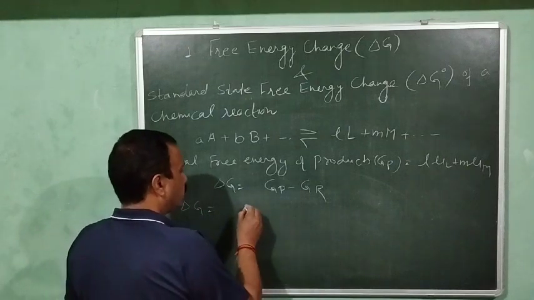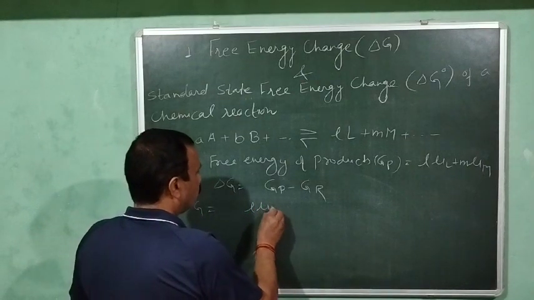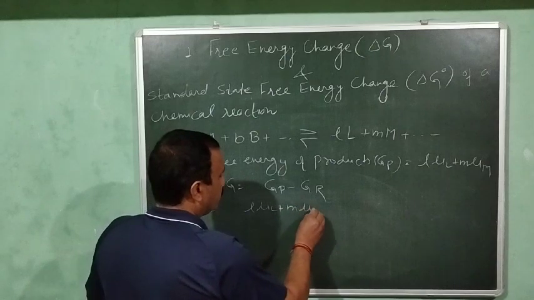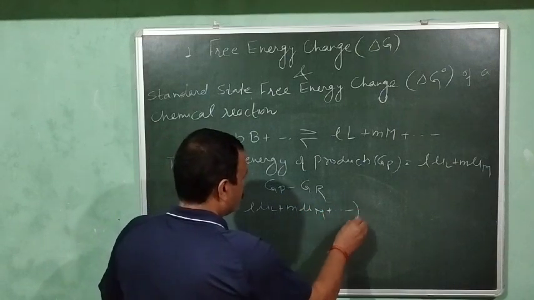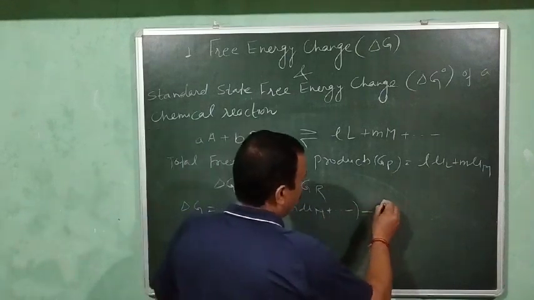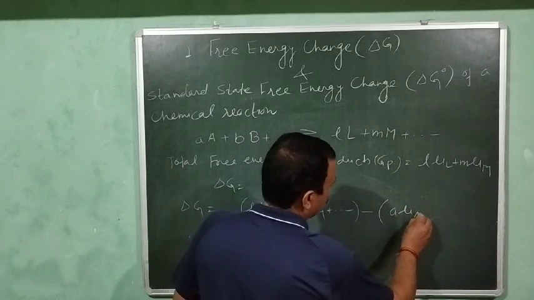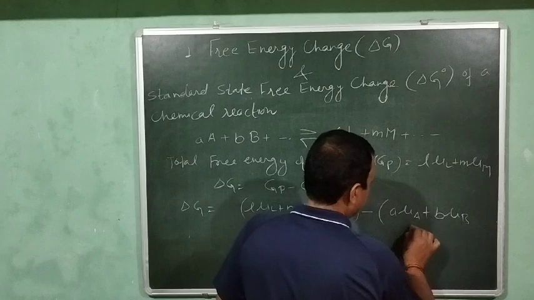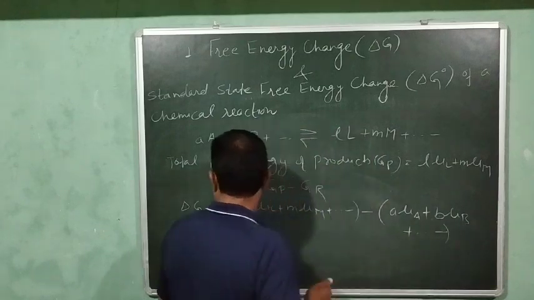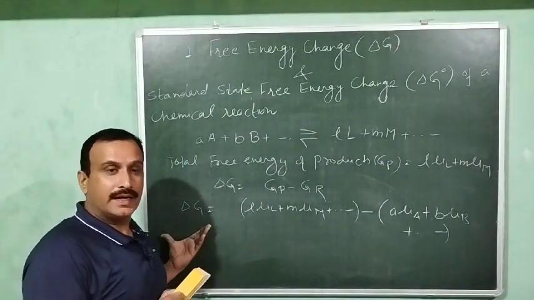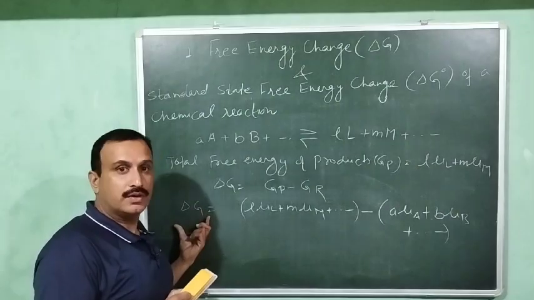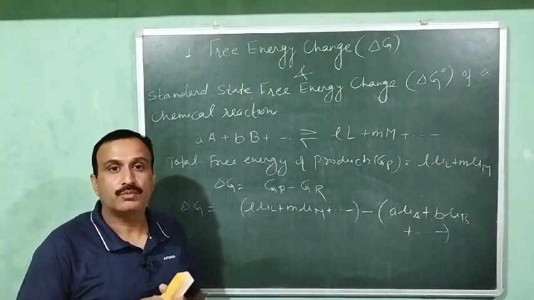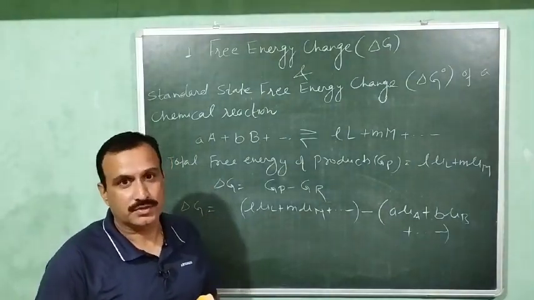Delta G will be equal to L into mu L plus M into mu M, and so on, minus A into mu A plus B into mu B, and so on. So in this way we can calculate the delta G of a chemical reaction with the help of the chemical potentials of reactants and the products.